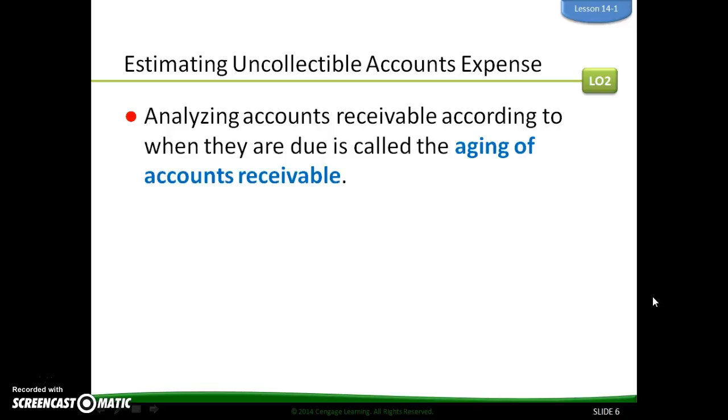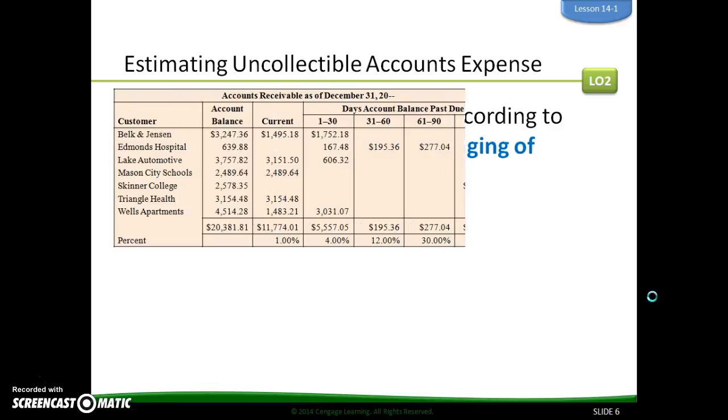And some businesses characterize anything over 90 days old. And you can imagine once a debt gets to be 90 days old, it's much more likely that you're going to have to write that debt off. And so the older a debt is, the higher likelihood that you're going to be writing that debt off, or that you're going to be considering that that debt is uncollectible.